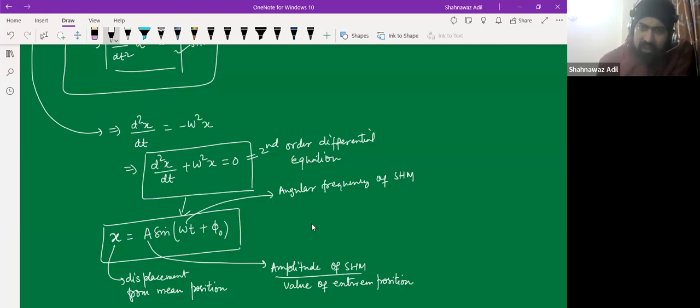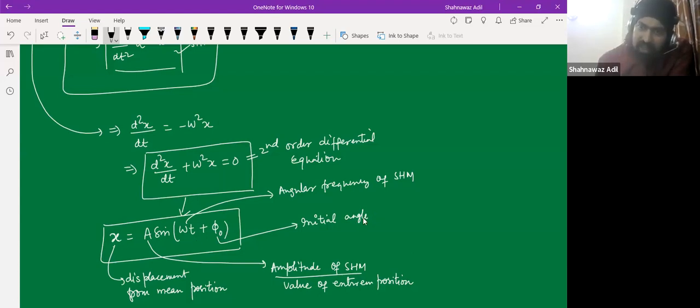This t is the function of time, right? And this phi naught is called the initial angle, or initial position.